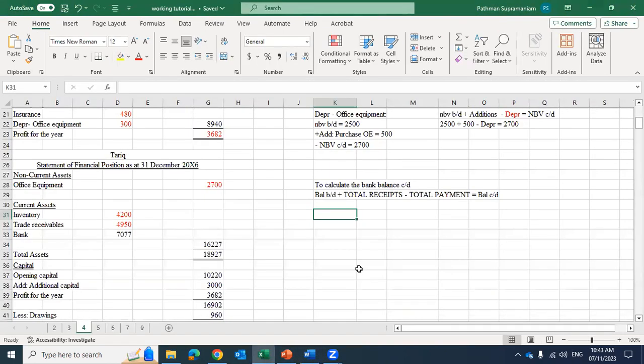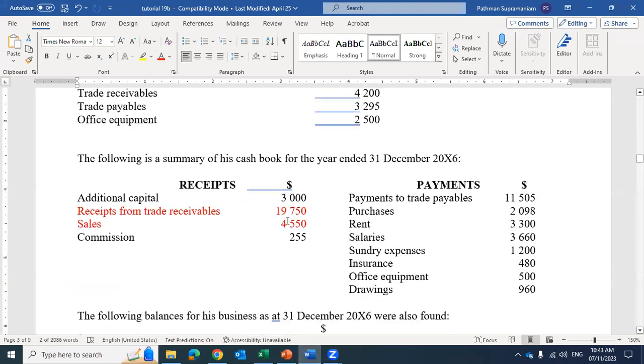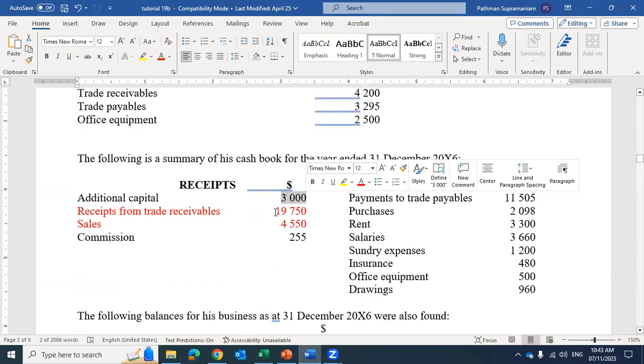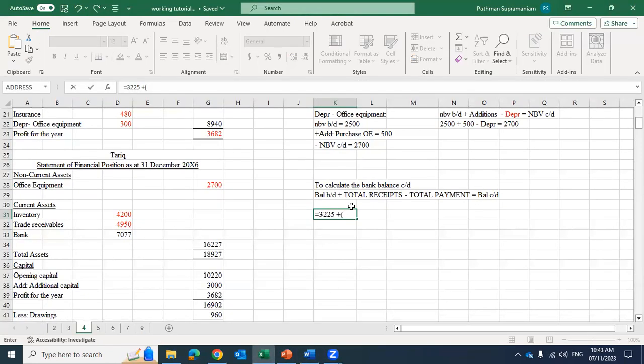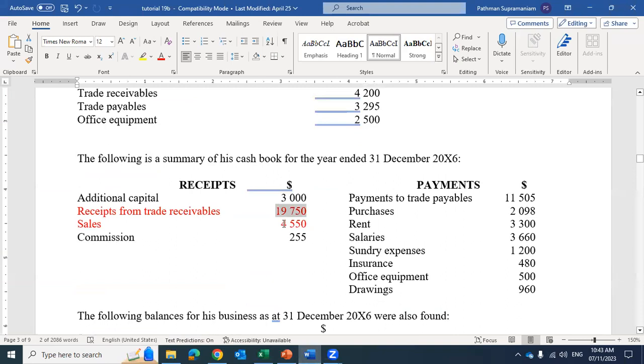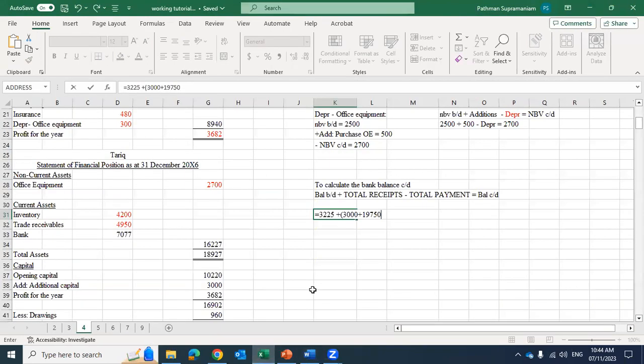I'll put it down. Plus the total receipts, I have to key in all these figures: 3,000, 19750, 4550, 255. This is the total receipts.